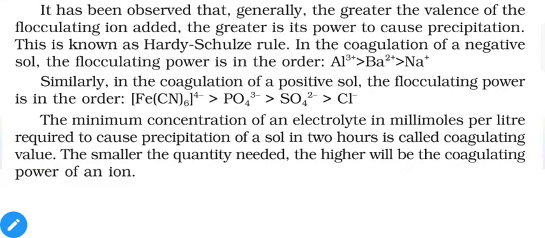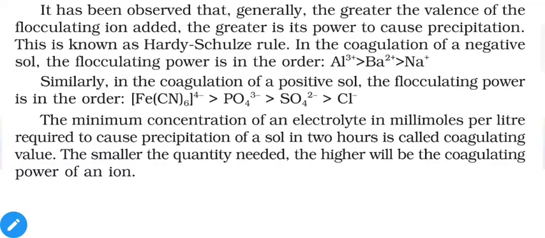So let us start. It has been observed that generally the greater the valence of flocculating ions added, the greater is the power to cause the precipitation. Now flocculation means the process to produce floc, and floc means a loosely held clump of small sized particles.